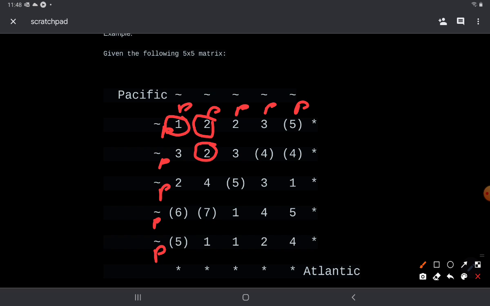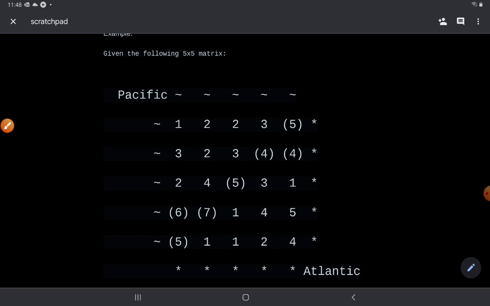It has the same height as its neighbor, and its neighbor is accessible from Pacific, so this is also accessible from Pacific. So we mark this as P as well. Again we move forward. Similarly, this 4 would also get marked as P, and so on and so forth. We can fill up a matrix with all the cells marked as P which are accessible from Pacific.